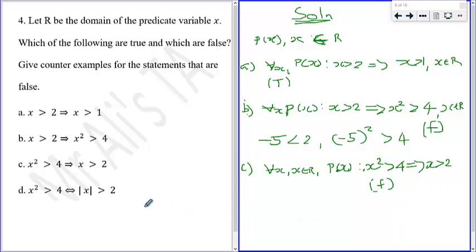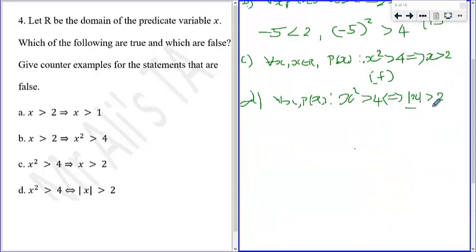Then we have also the D. We are saying that for all real numbers, x squared is greater than 4 if and only if the absolute value of x is greater than 2.